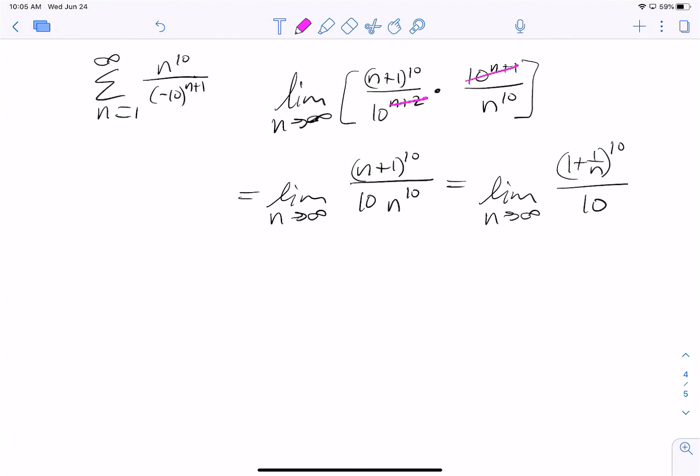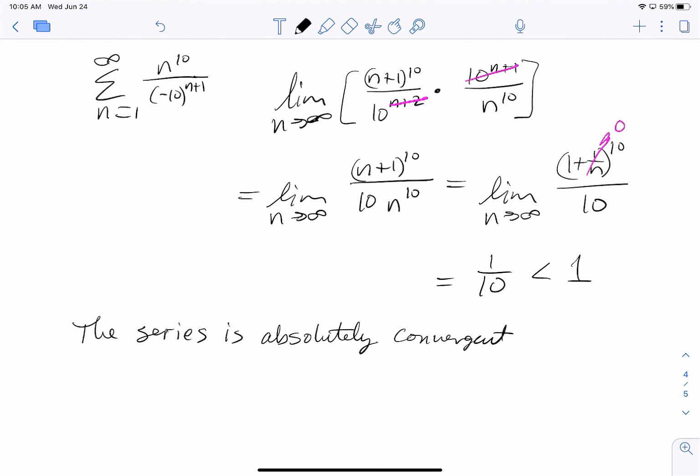As n approaches infinity, 1 over n goes to 0, leaving us with a limit that has a value of 1/10, which is, guess what? Less than 1. The ratio test gives us absolute convergence, so the series is absolutely convergent by the ratio test.